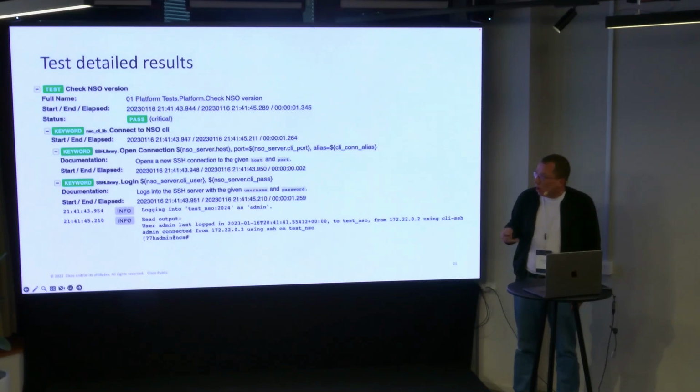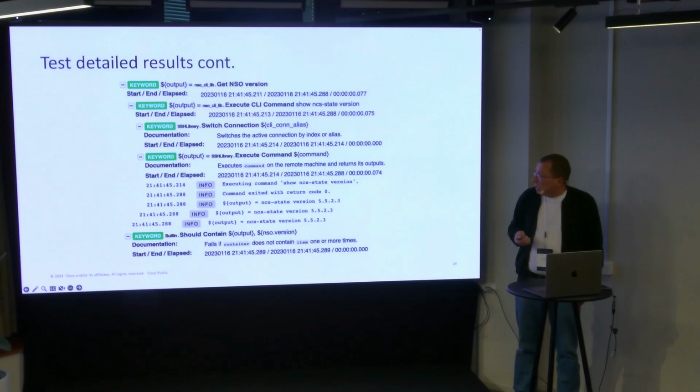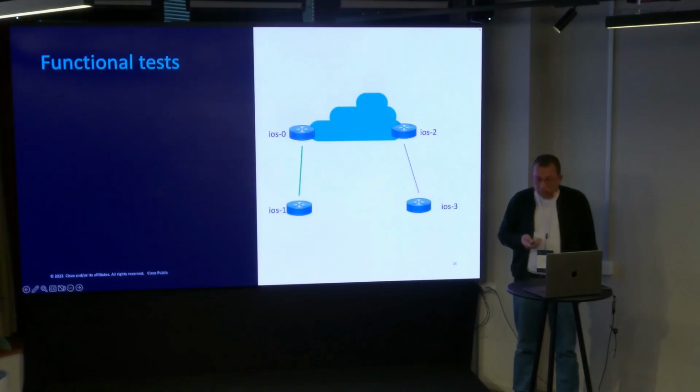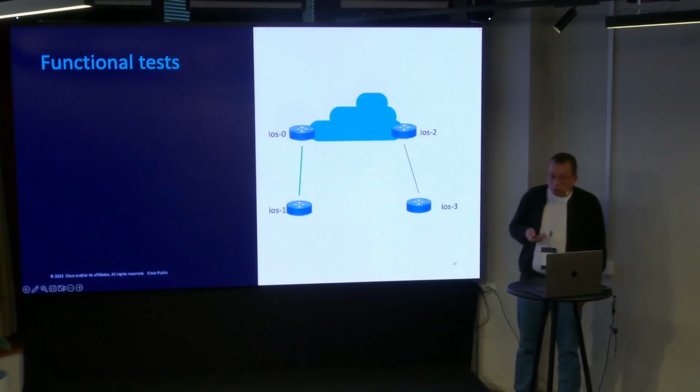All the green, or all the passed tests, will be only with the plus, and the one that failed will be drilled down to the error level. With all those details, like what was the exit command and exit code, what command was executed, and what was the result.